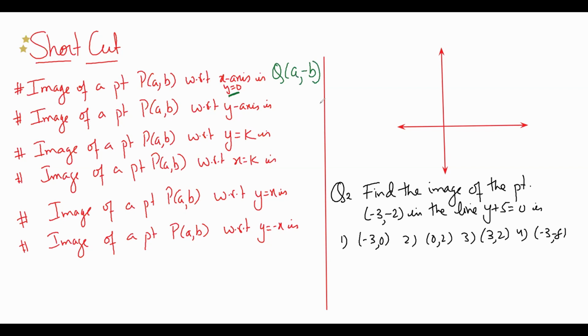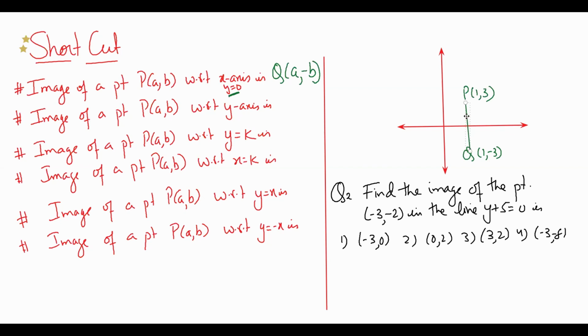Now we can check from this diagram that if my point is P(1, 3), then according to my shortcut my image would be Q(1, -3), and it is clear. Why? Because image works on this point that the image of any point is always on the line perpendicular to the given line.